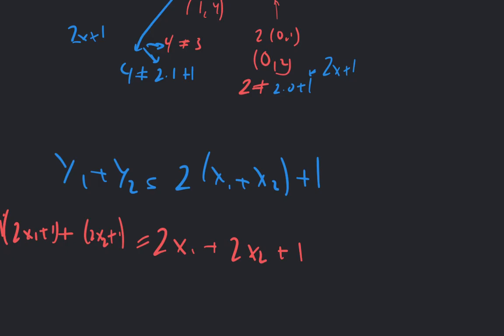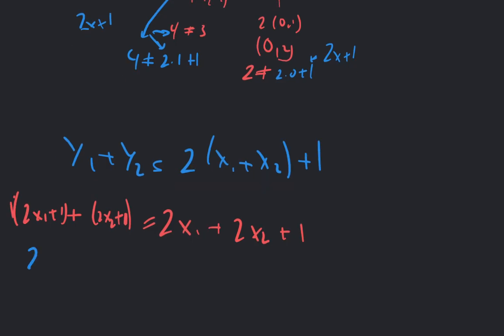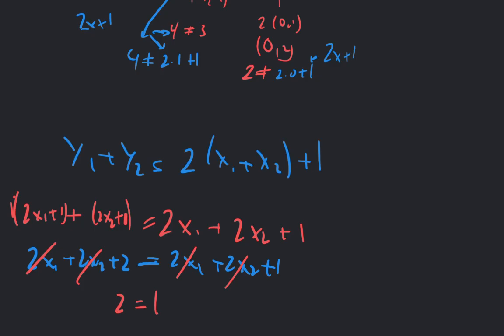And so we're just expanding these out. There's a 1 right here. And then you get 2x1 plus 2x2 plus 2 equal 2x1 plus 2x2 plus 1. If you were to cancel all the terms, you get 2 is equal to 1, and that is just not true.